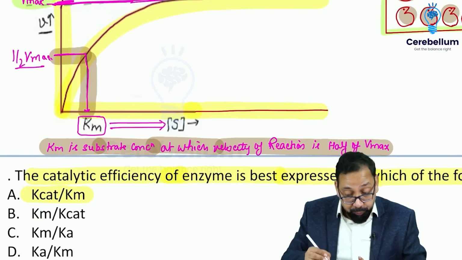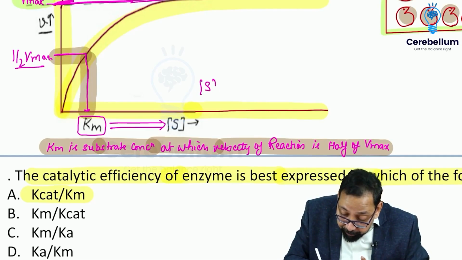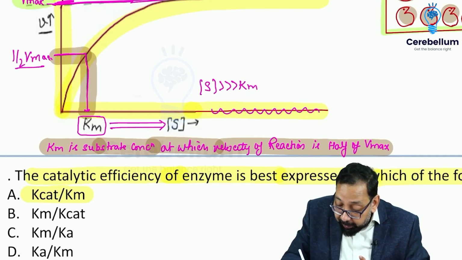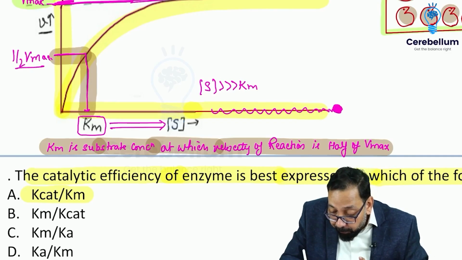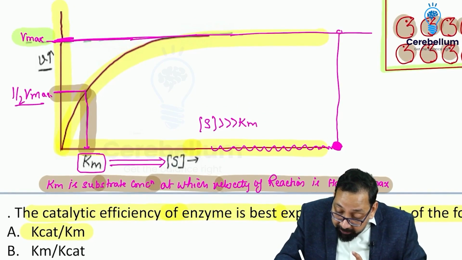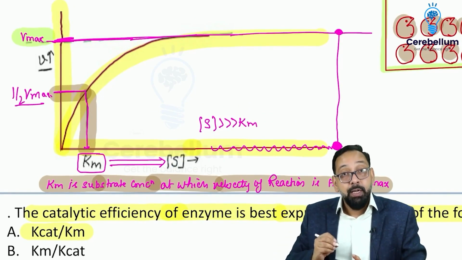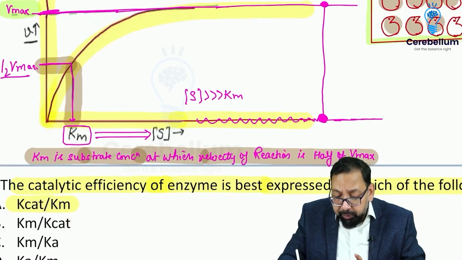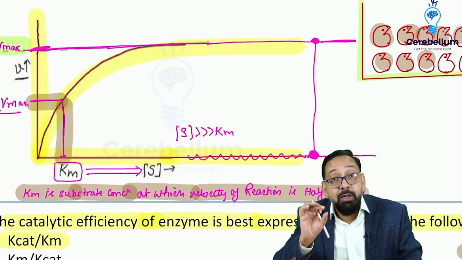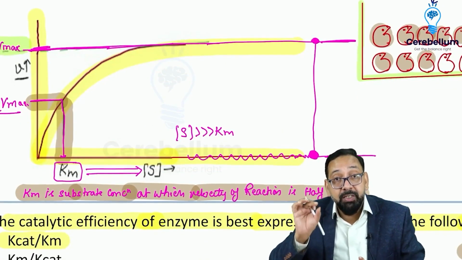I take one situation: if substrate concentration is very, very large in comparison to Km, at this point velocity would be maximum, Vmax. If you further increase substrate concentration, velocity will remain the same, meaning velocity will not depend on substrate concentration.